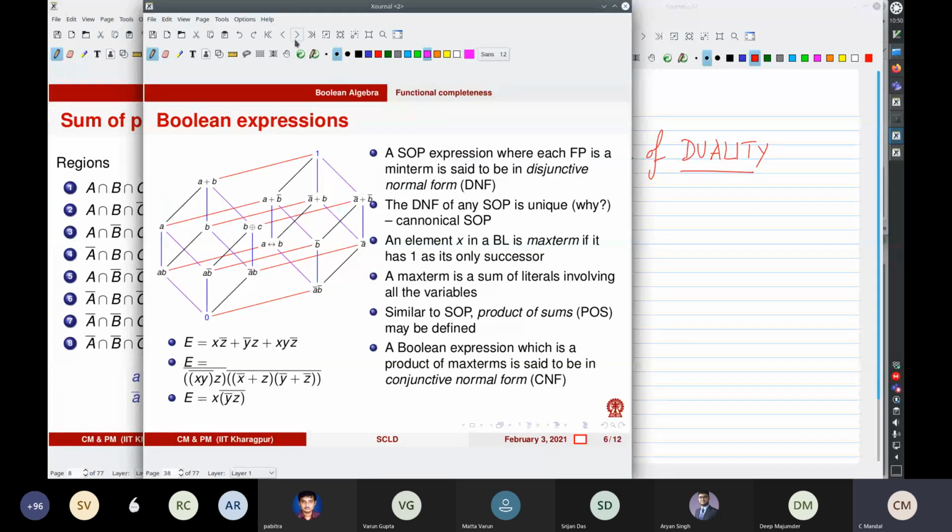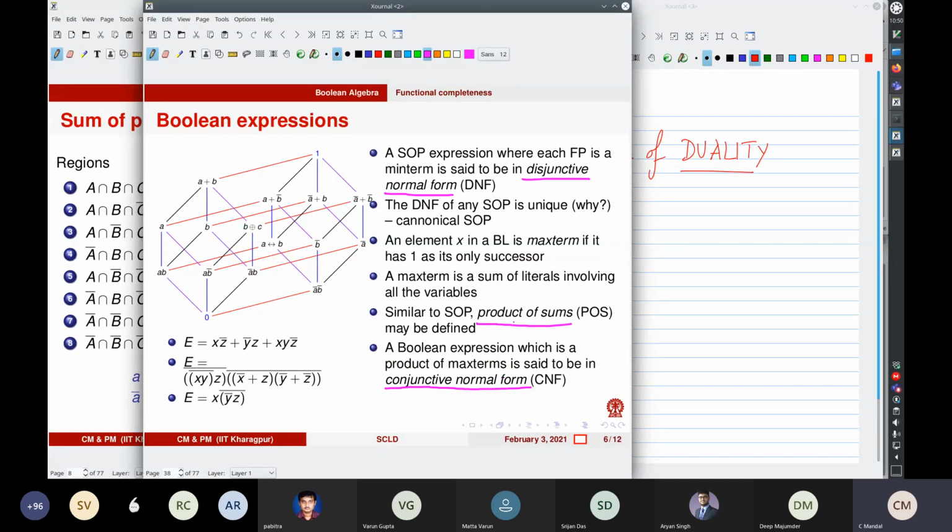Correspondingly, just as you have a disjunctive normal form, the sum of products, there is the product of sums, and when each sum is a max term, you have another representation which is called the conjunctive normal form. This is also a canonical representation, canonical meaning a unique representation.